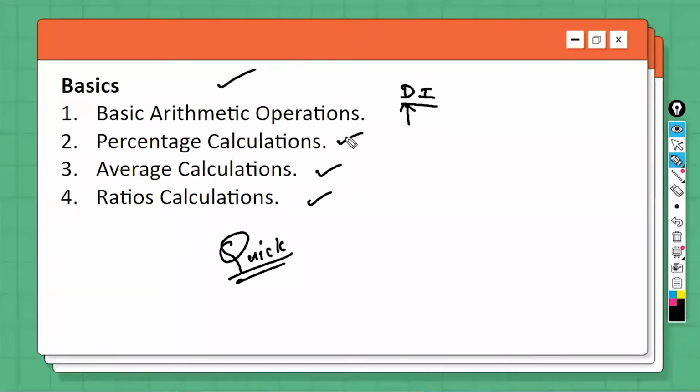These are the basic things you need to work on before getting into a data interpretation question. Even if you don't know these things, you can solve a data interpretation question, but you will solve very slowly. By having all this basic idea, I'll have an advantage that I'll be able to solve these questions faster, because I've spent enough time on these things, so I'll be solving a question much faster than you think.